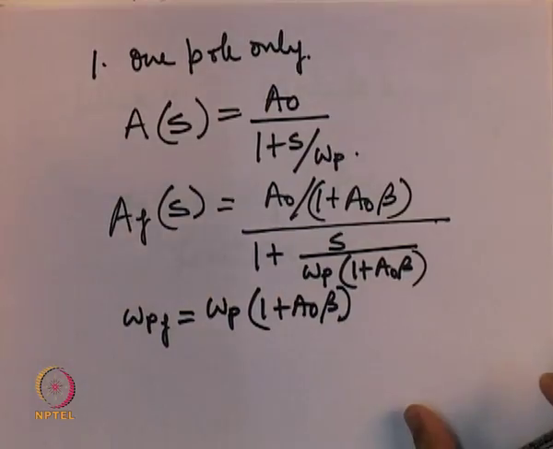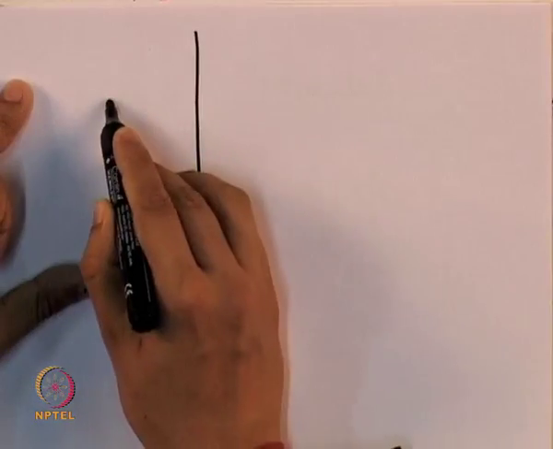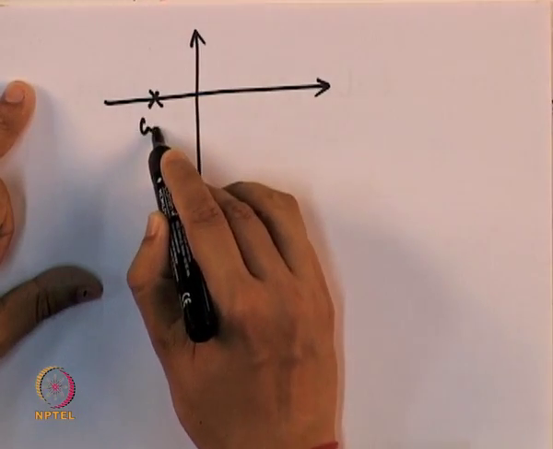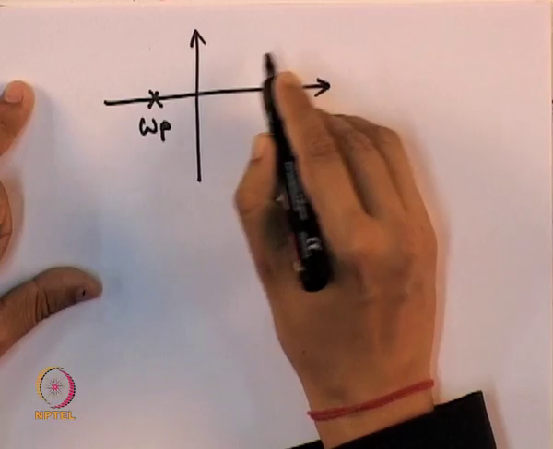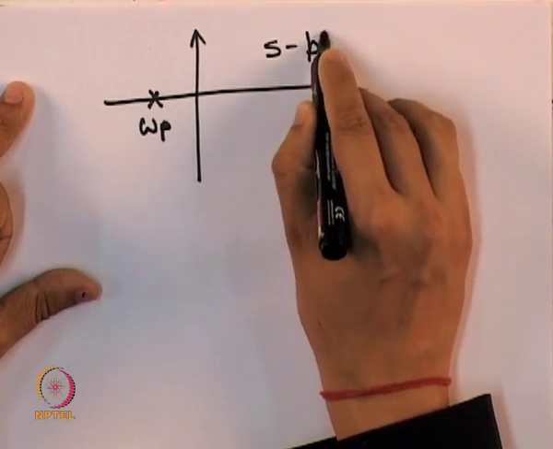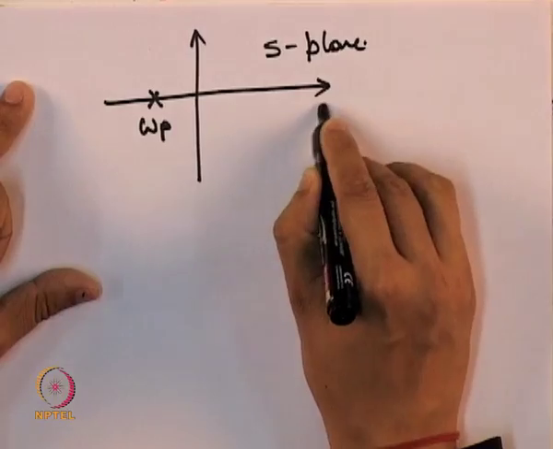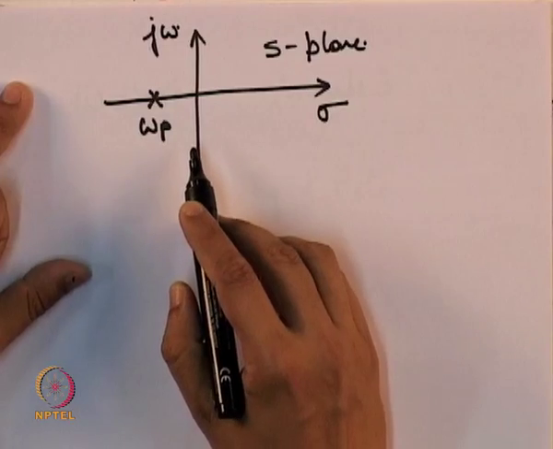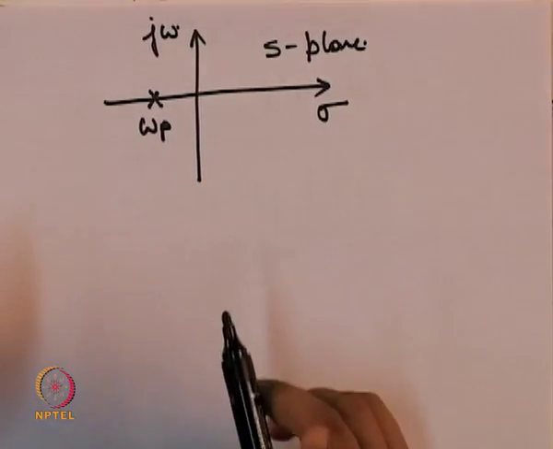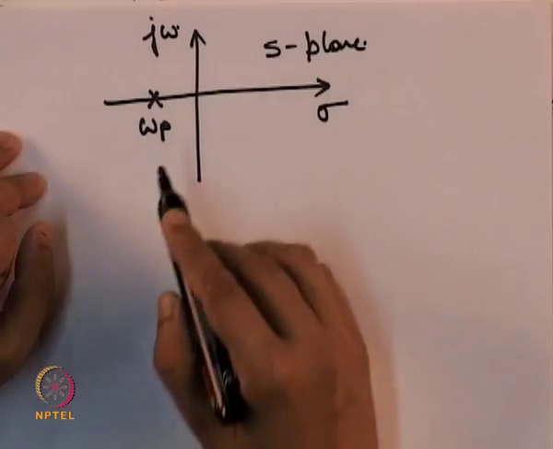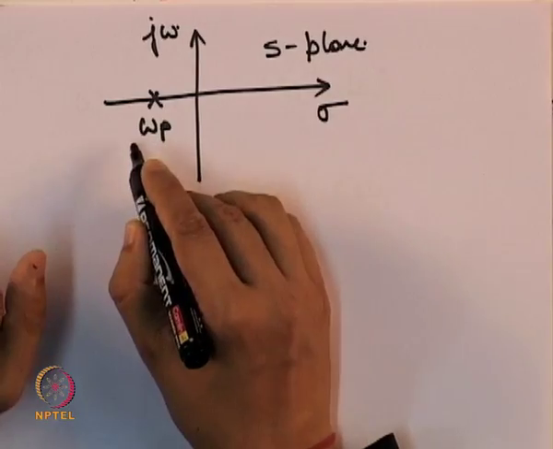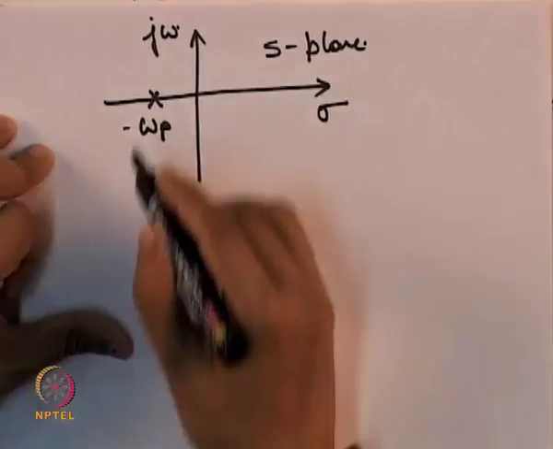And the poles of this system will be where? Omega p was the pole of the open loop system. So, this is our S plane, this is sigma, this is j omega. Initially, for the open loop system, the single pole of the open loop transfer function lay at minus omega p.